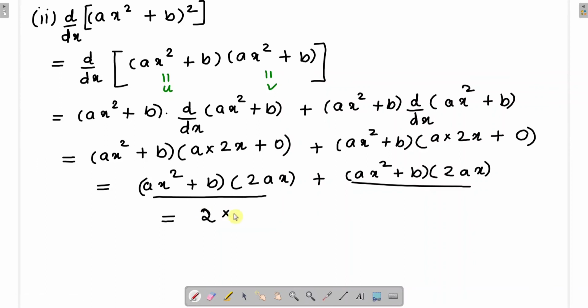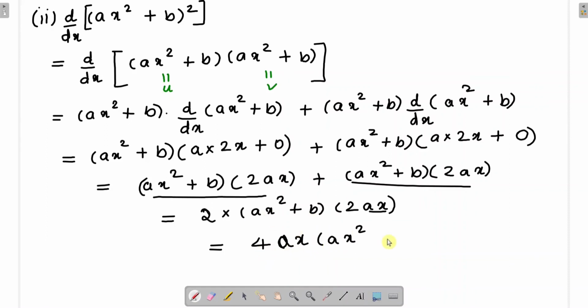So that is what? 2 times ax square plus b multiplied by 2ax, and that will be equal to what? 2 times 2 is 4, and then ax, right here, which is there, so 4ax times this ax square plus b. Okay, so this is the solution of the second sub problem.